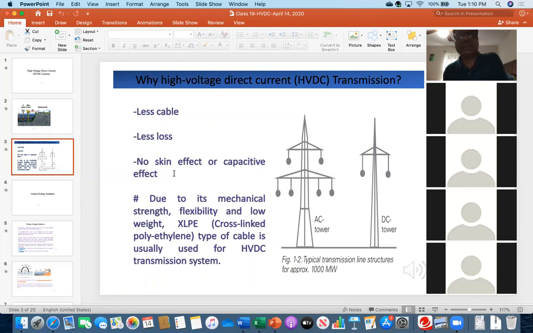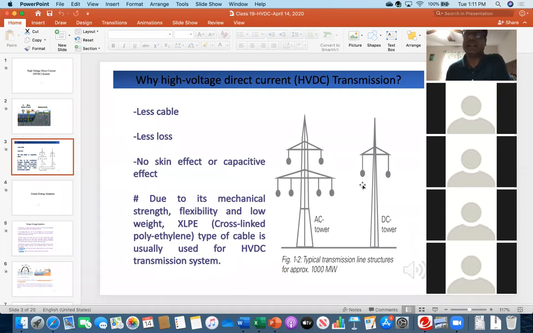Probably you all know the skin effect. Skin effect is if you compare an AC cable versus a DC cable. In an AC cable, the high current flows on the surface or skin of the cable, and less current flows inside the cable. The reason is that the inductance is higher inside the AC cable.